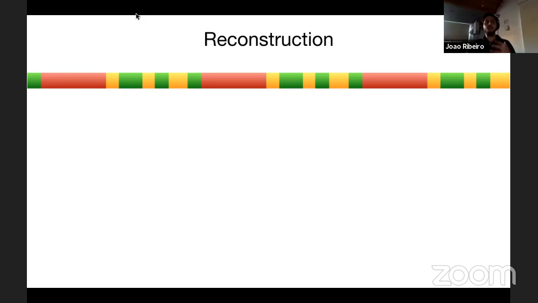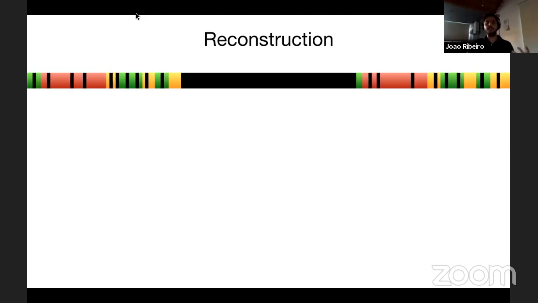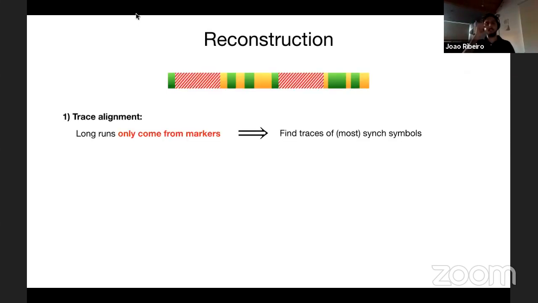But let's see how reconstruction would hopefully work. Since the parameters are flexible, they can be small enough that, like someone was asking me before, you can have burst errors and basically destroy a whole consecutive part of your code word. So in the end, you get this trace.